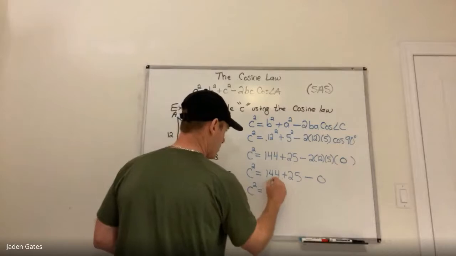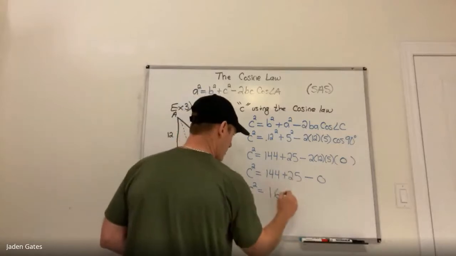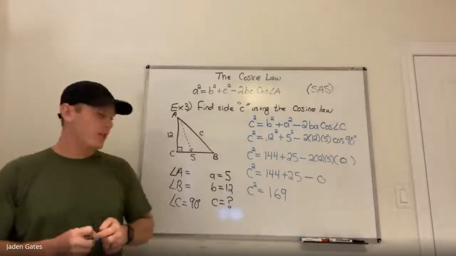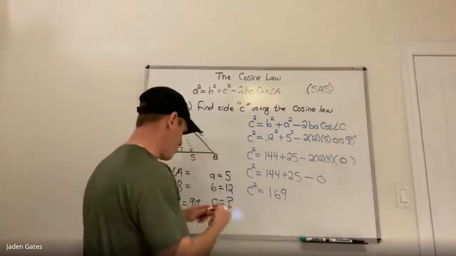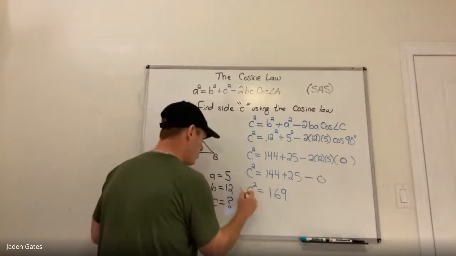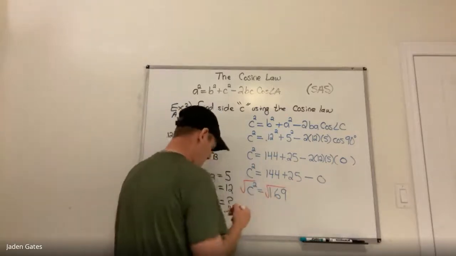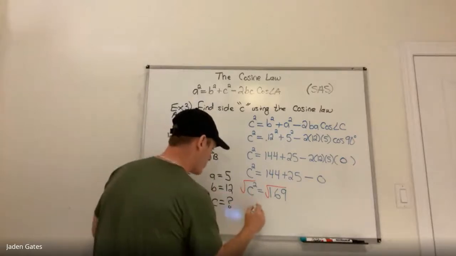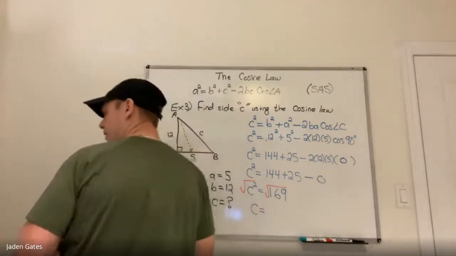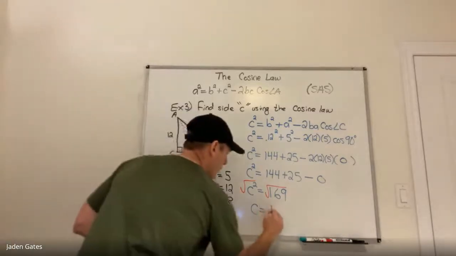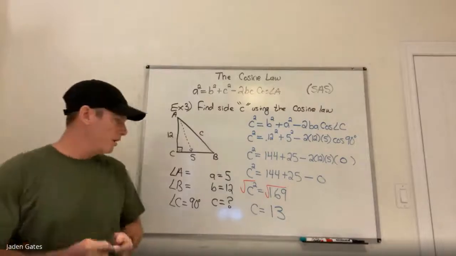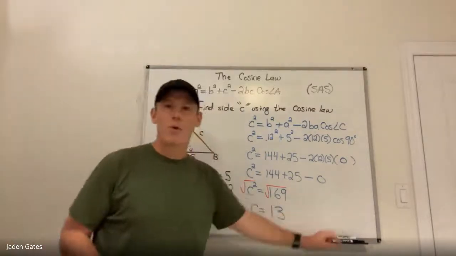Let's see, 100, 2 and 4 is 6, 4 and 5 is 9. So I got 169. And just like we had with the other 2 examples, the last step here is to take the square root of both sides. The square root of 169 is 13.